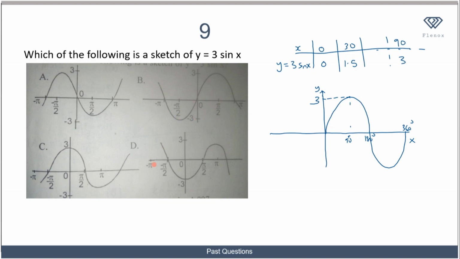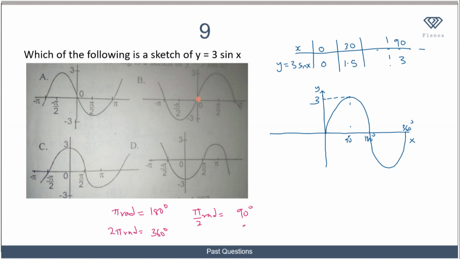When you have radians, note that pi radians is equal to 180 degrees. So 2 pi radians is equal to 360 degrees, and pi over 2 radians is equal to 90 degrees. So anywhere you see pi over 2, it represents 90 degrees.